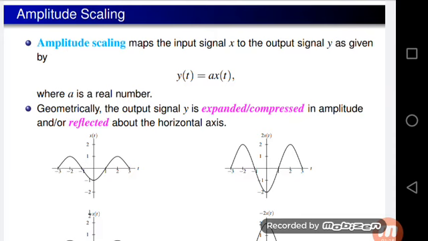Geometrically, the output signal y is expanded or compressed in amplitude, or reflected above the horizontal axis.